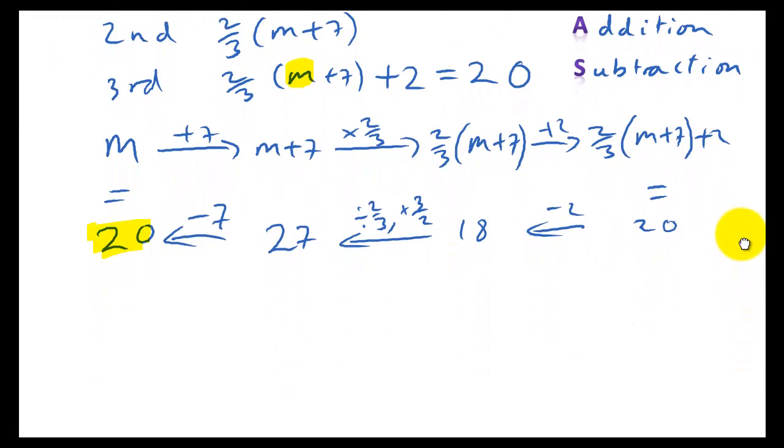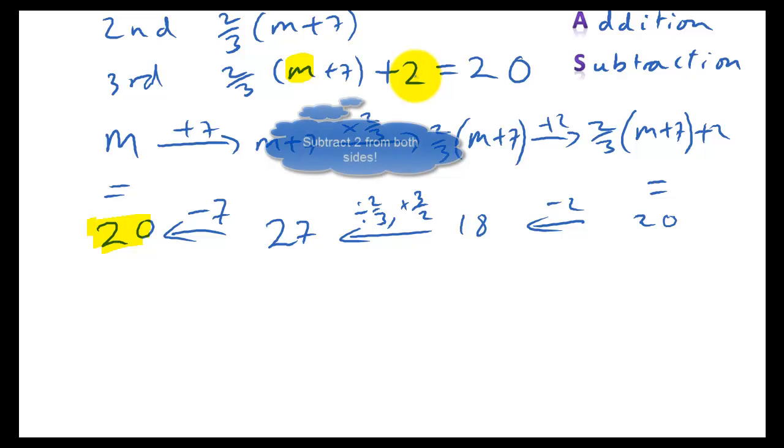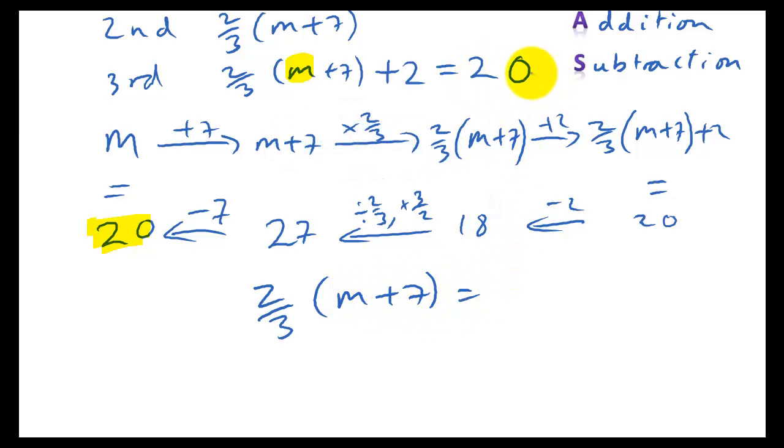So let's compare solving this equation normally. The first thing we do is take away 2 from both sides. Taking off 2 from this side, we get 2/3 (m plus 7). Take off 2 on the other side, we get 18. That's my equation.